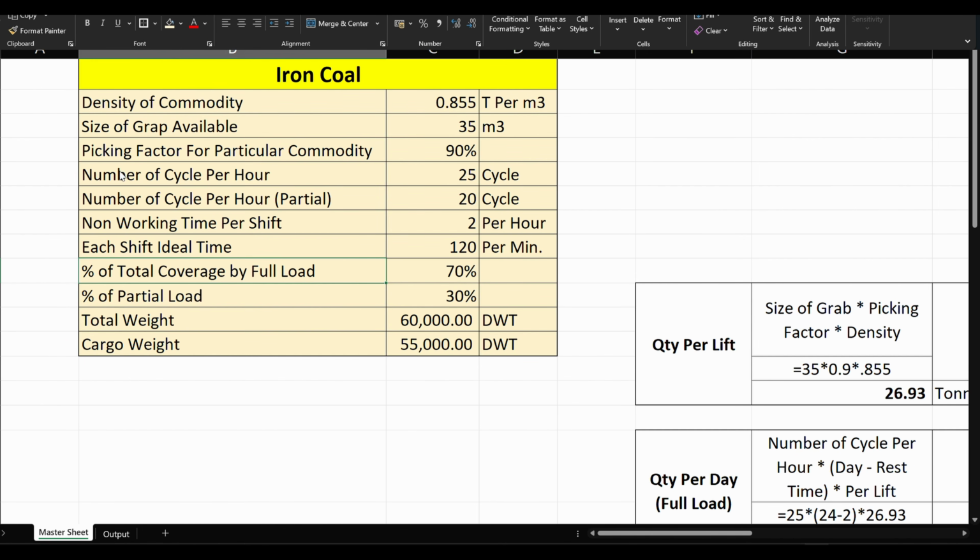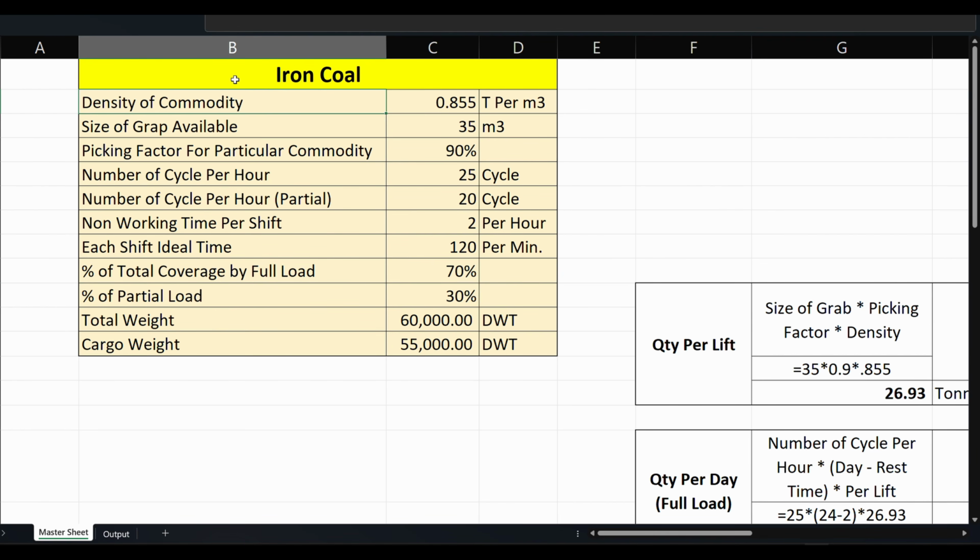Hi everyone, here we have given data for iron coal. The density of the commodity is 0.855 ton per m³. The size of the grab available is 35 m³, and the picking factor for this commodity is 90%.